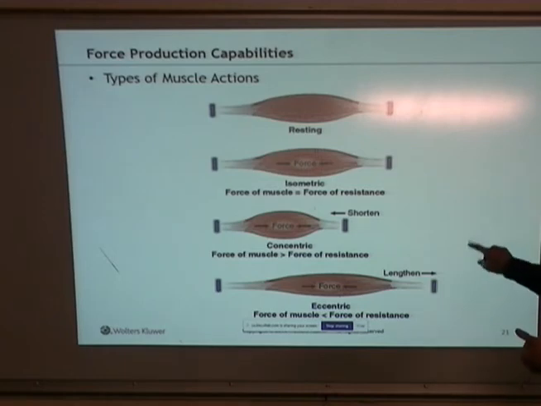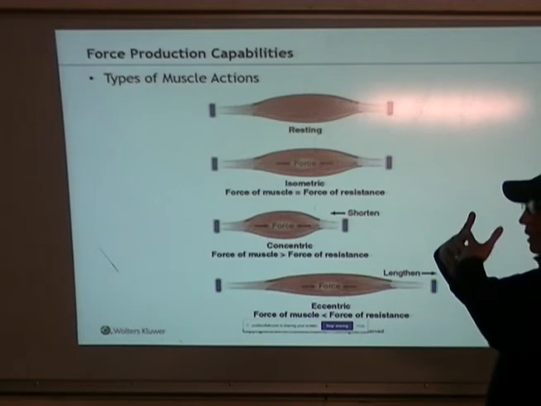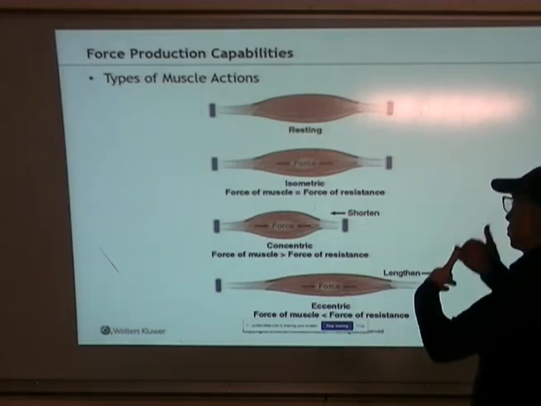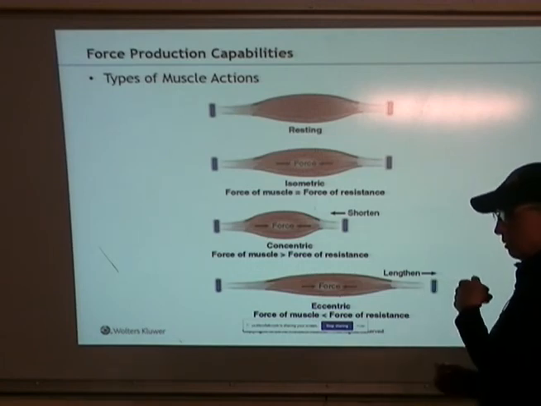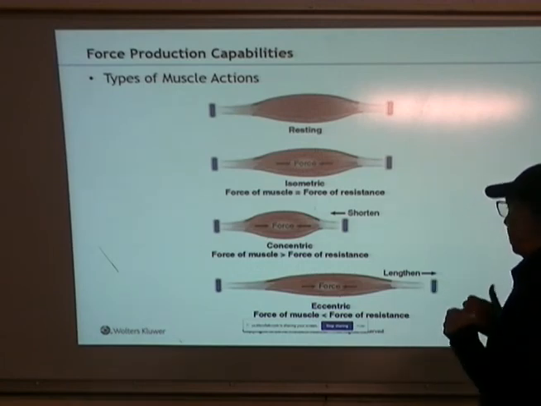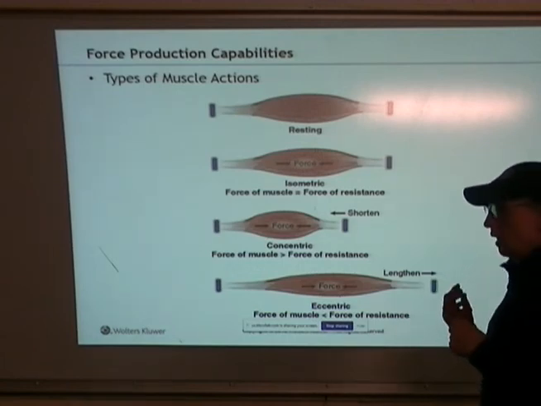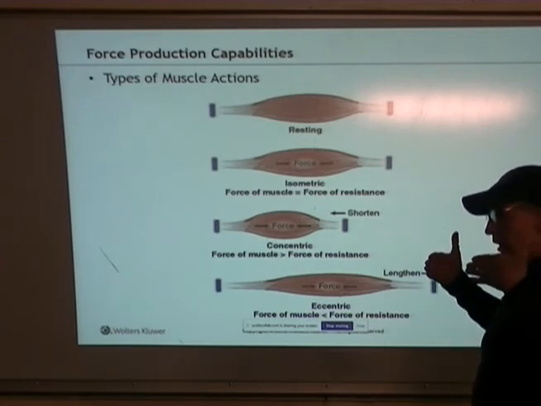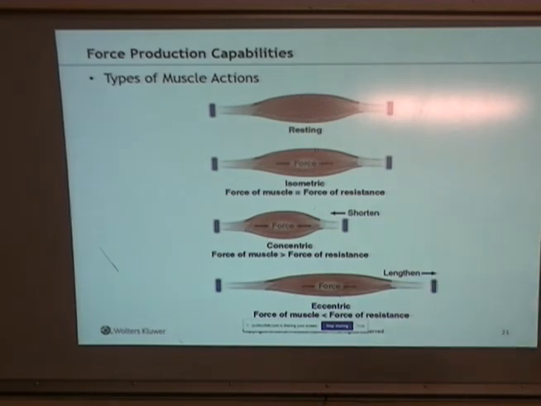In this situation, the force of the muscle may not be strong enough to overcome the resistance. This is called eccentric action, and in eccentric action we see lengthening of the muscle. It doesn't mean the muscle is not contracting. There's force being produced, you can measure it, but it isn't shortening, it's lengthening.